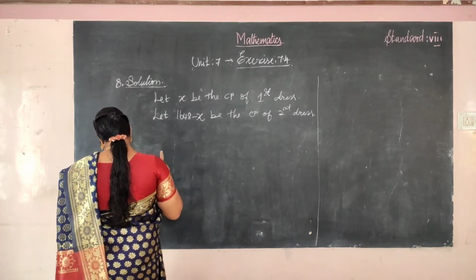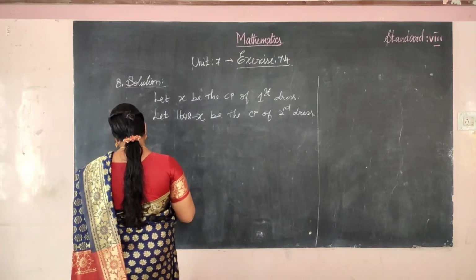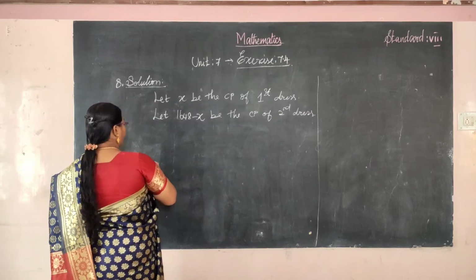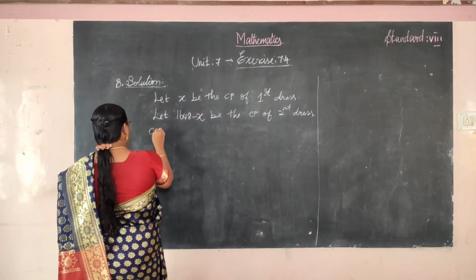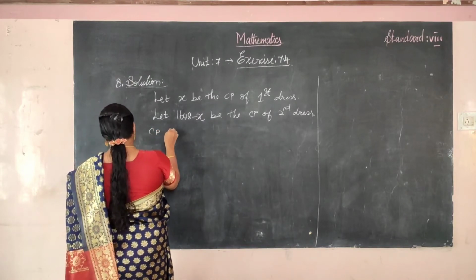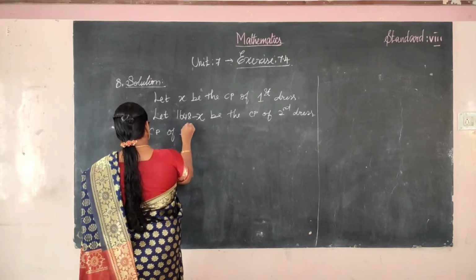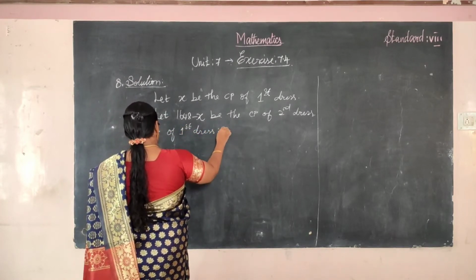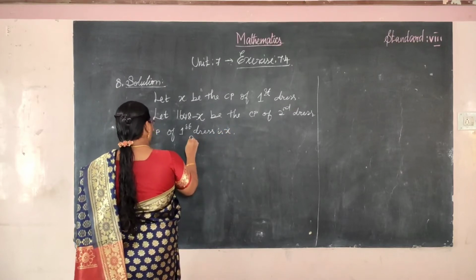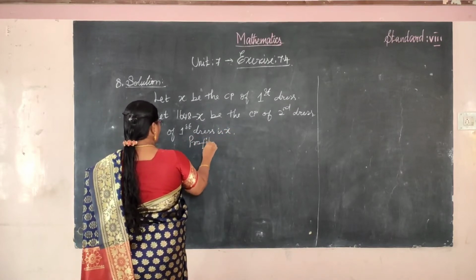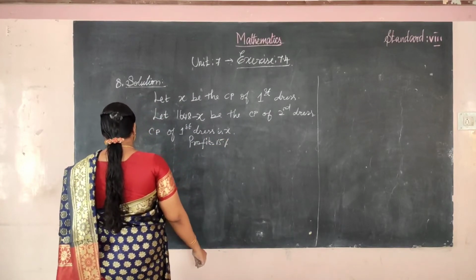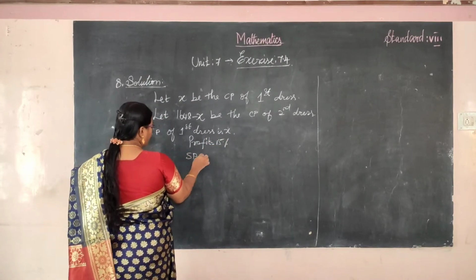He sold one at a profit of 15%. Okay, another one is at a loss. So first we consider the cost price of the first dress is x. Okay, the profit is 15%. Now we have to find out the selling price.